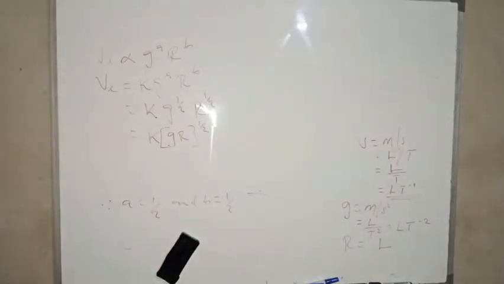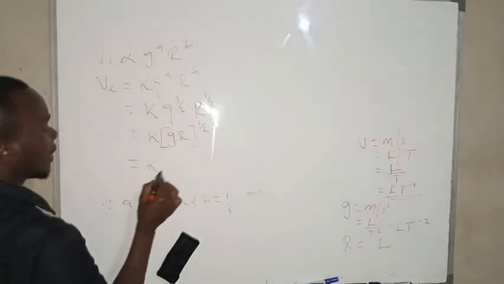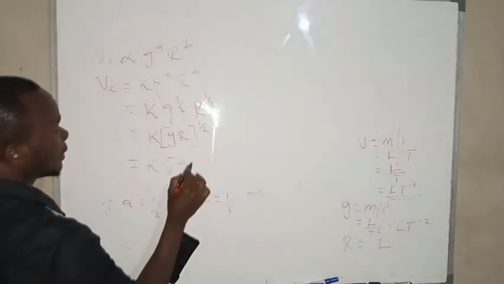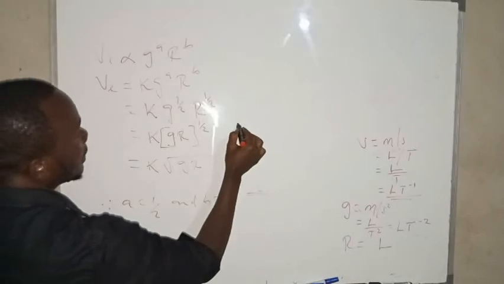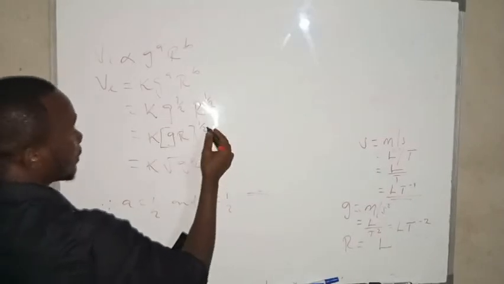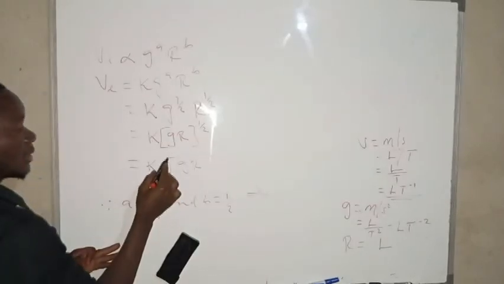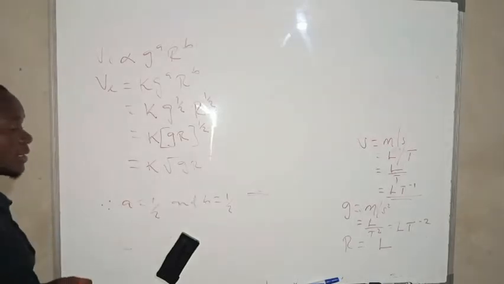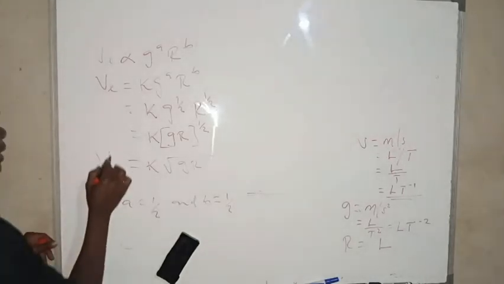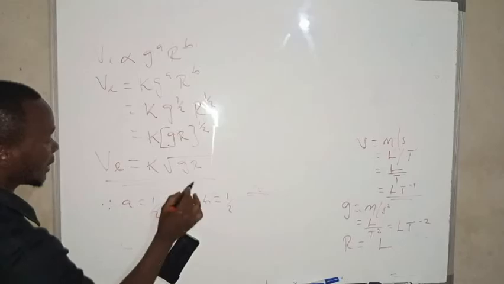This can also be written as K square root of gR, because anything raised to the power half is equal to the square root of that same thing. So the escape velocity is expressed like this.